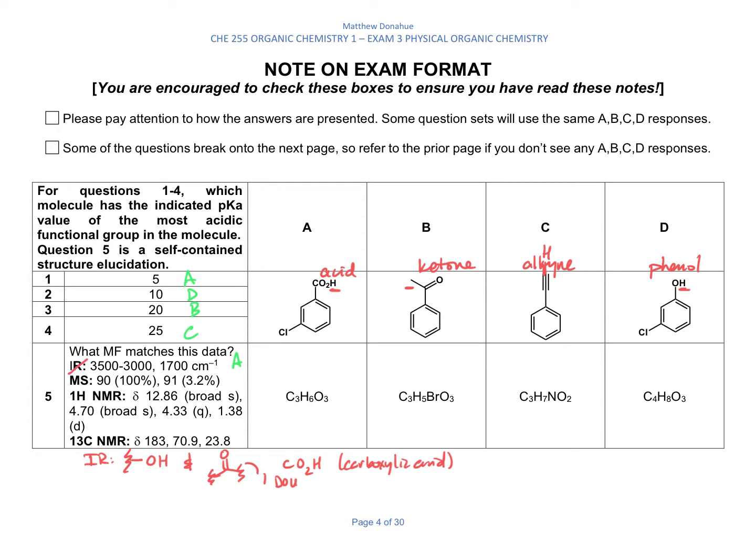So we looked at the IR, the mass spec. We see 2 masses, 90 is the parent and also the base peak at 100%, and then the M+1, which has a percent of 3.2.